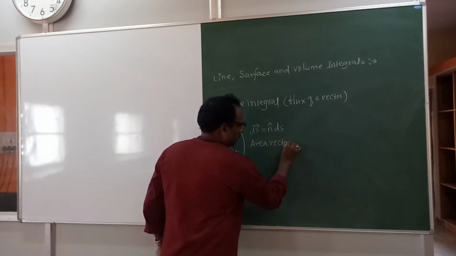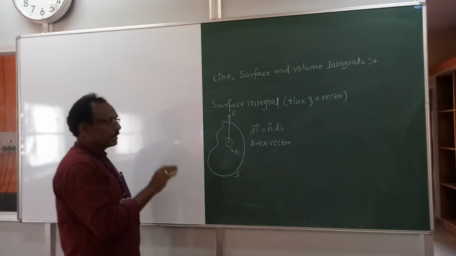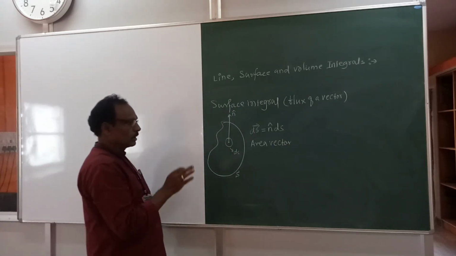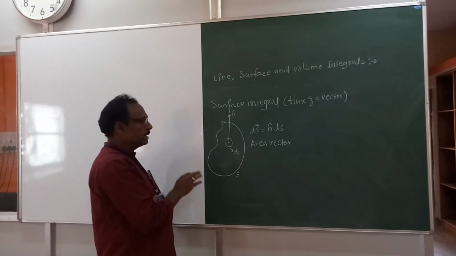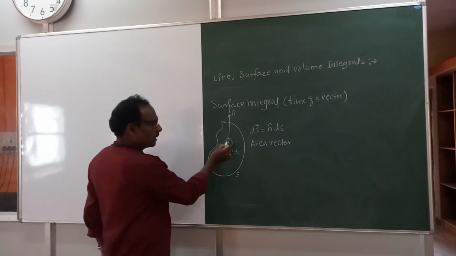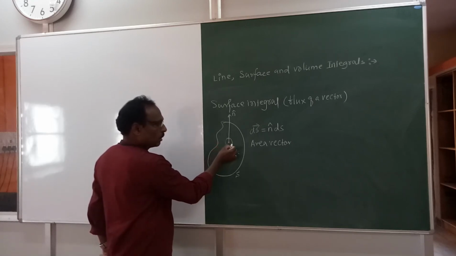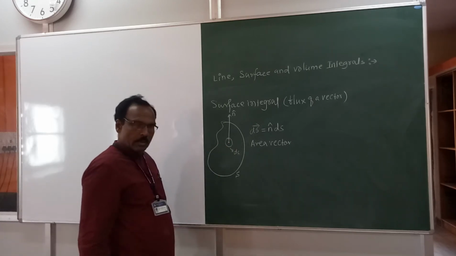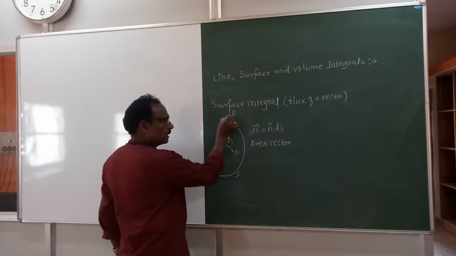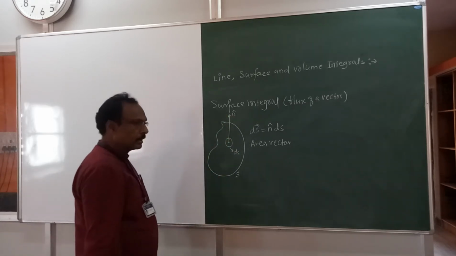What I have done, see, I have taken any closed surface. I have divided that closed surface in a vector field into small elementary areas. I have picked an infinitesimally small area ds. I have drawn a normal to it, and that normal is a unit vector.